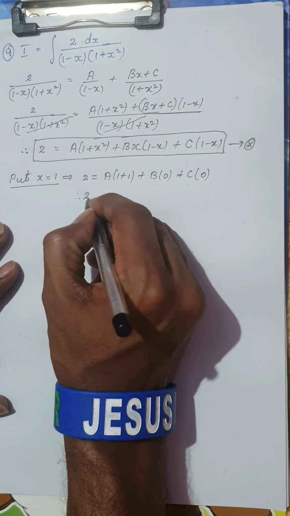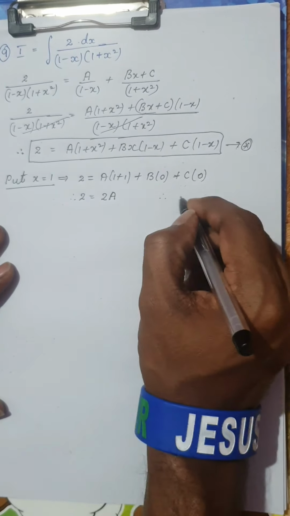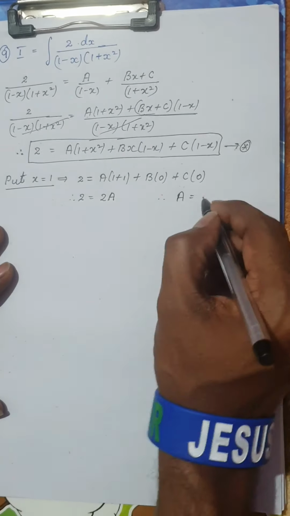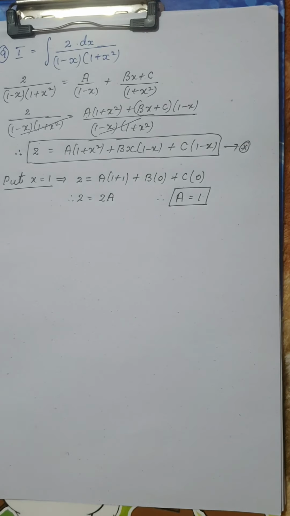Therefore 2 is equal to 1 plus 1, that is 2a. Therefore a would be 2 by 2, that is nothing but 1. So I got the value of a.